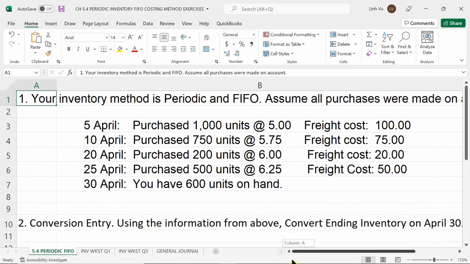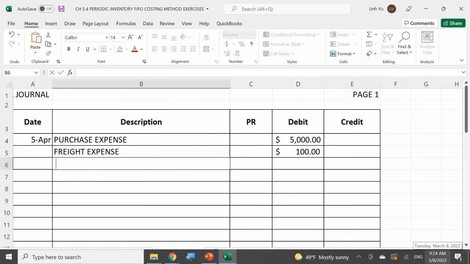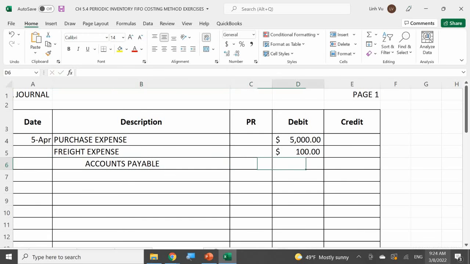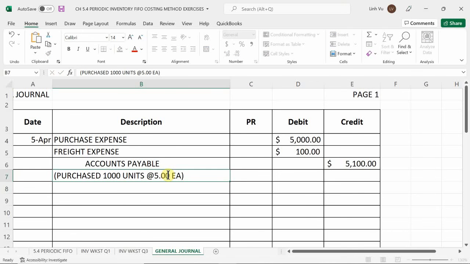Accounts payable. Yes, we paid on account. And it's going to be for my grand total amount of 5,100. So my note here is I purchased 1,000 units at $5 each. Now I completed my journal.